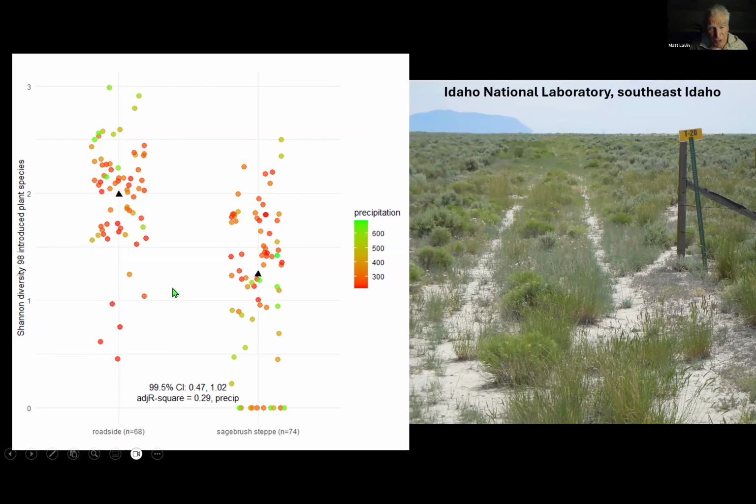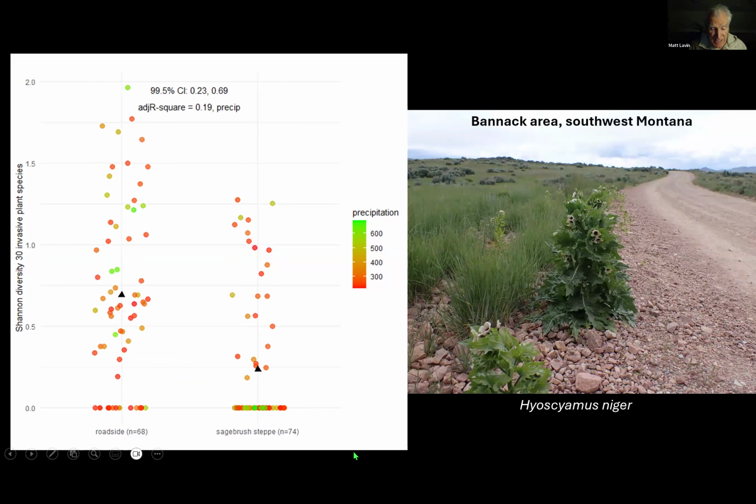So this is somewhat surprising because these 98 species are super abundant in adjacent croplands and human transformed rangelands that surround these sagebrush steppe study sites. The same finding was made for a subset of invasive or noxious plant species.